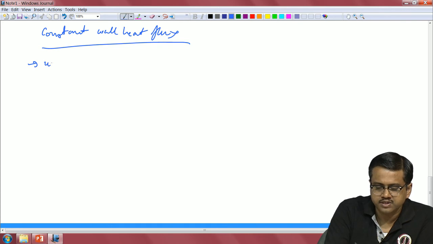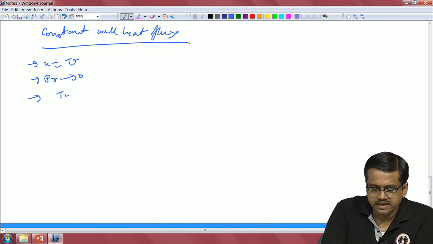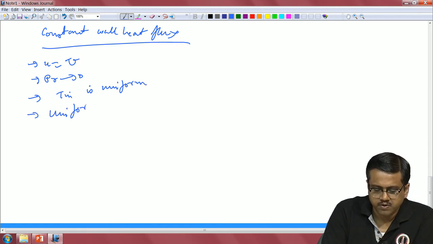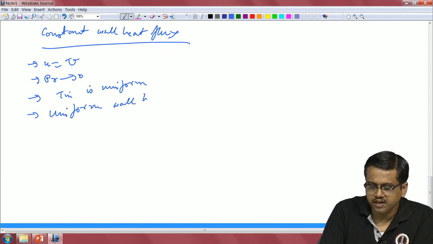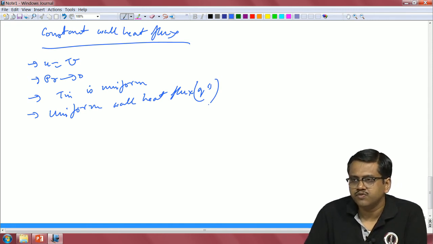Once again, the flow is a slug flow. Prandtl number goes to 0. Inlet temperature is uniform. There is a uniform wall heat flux, that's the only difference, which is Q double prime. That is all. There is a uniform heat flux, which is given by Q double prime.